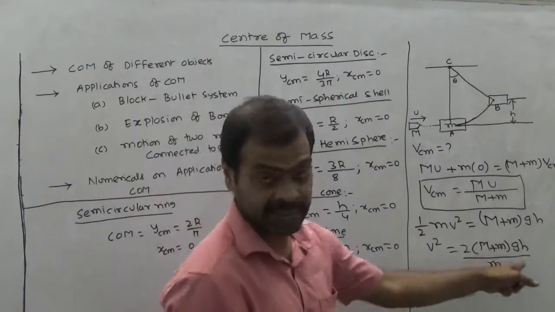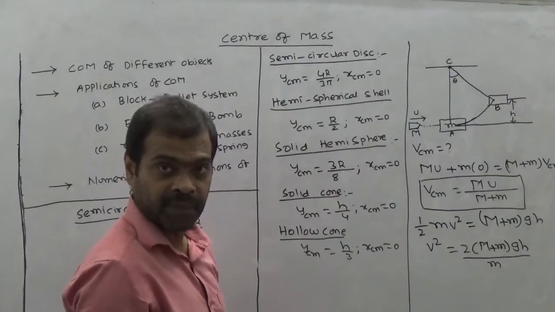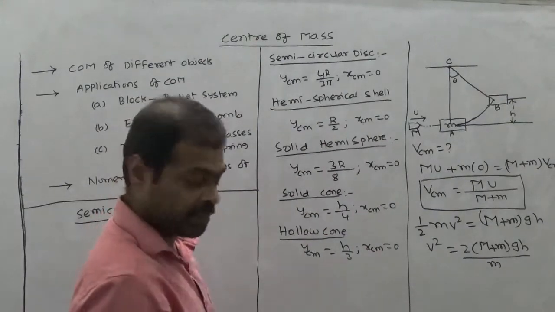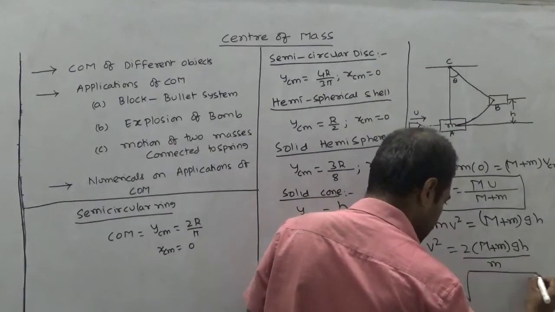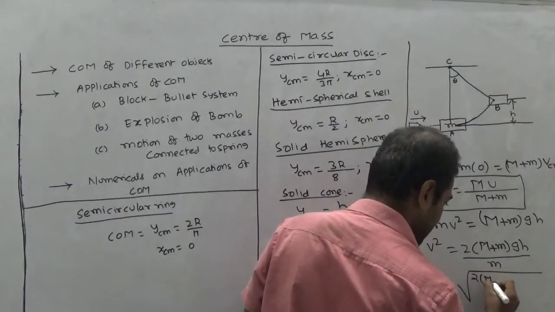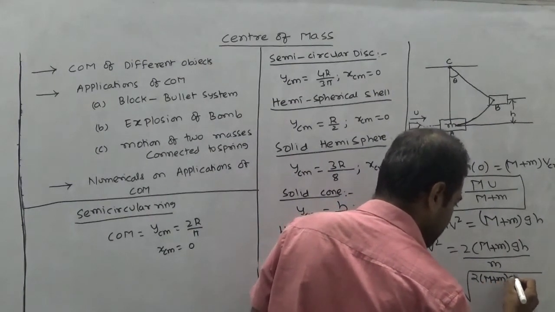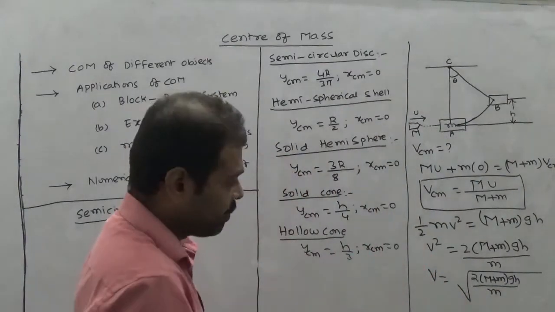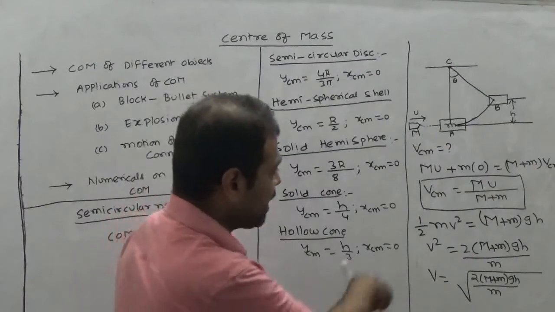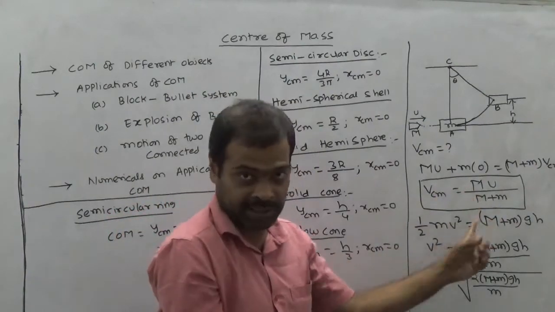That is, in terms of h we will get v is equal to under root of 2 into capital M plus small m into gh by small m. Here we are finding with respect to velocity.